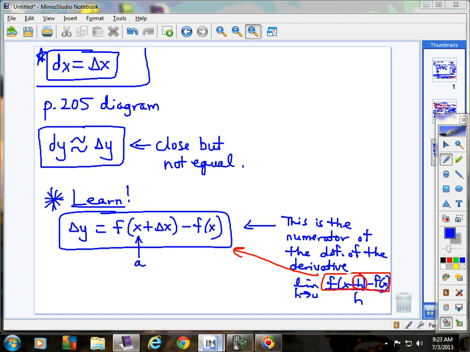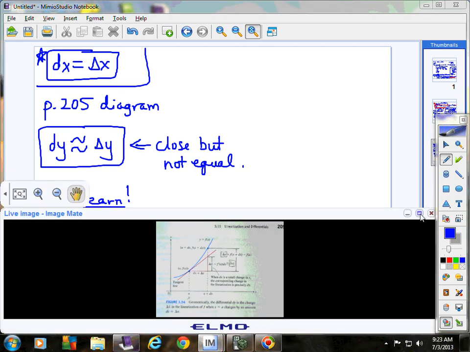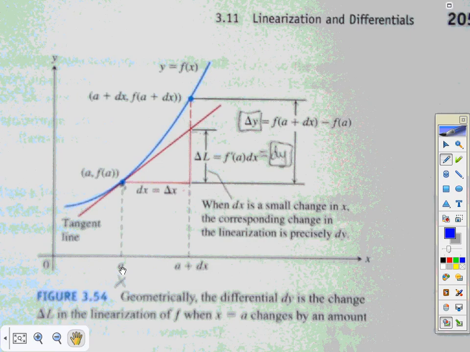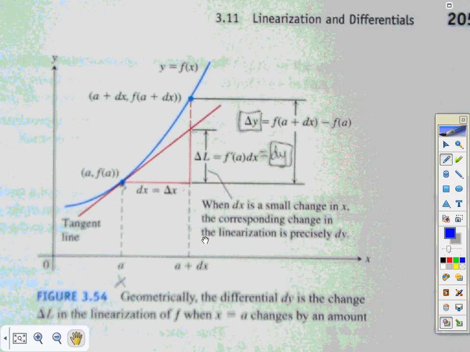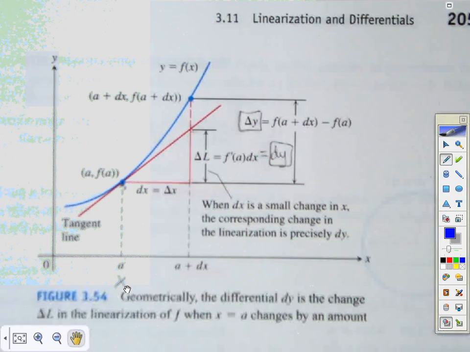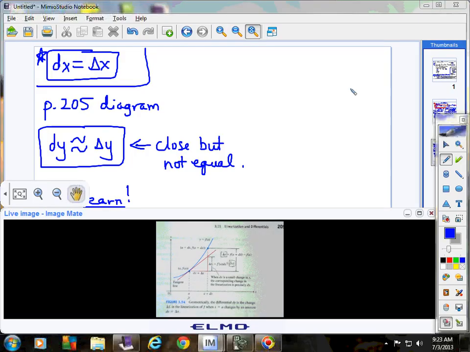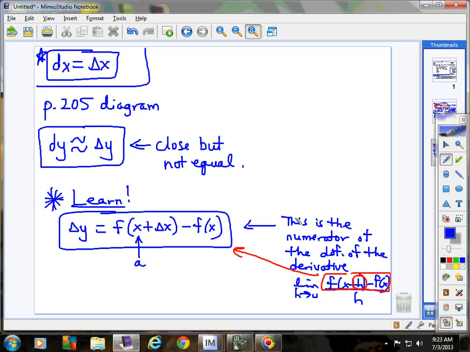Remember that diagram? It was the starting place. They called it a, and I called it x. Sometimes they'll call it x0 because it's the starting x, your beginning, your initial x value.